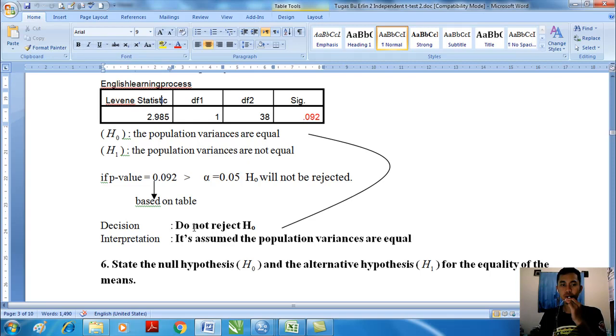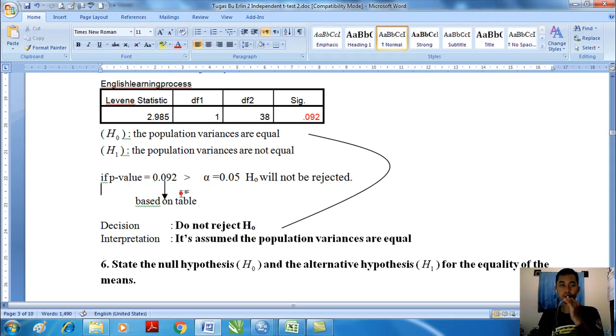Okay, now using the p-value, because this is the significance value, or we call it p-value. If the p-value, 0.092, is more than alpha, the null hypothesis will not be rejected, meaning accepted. Yes, this one is based on the table.